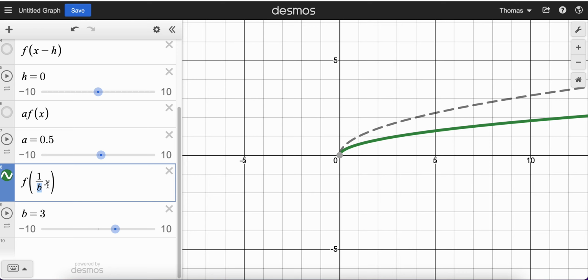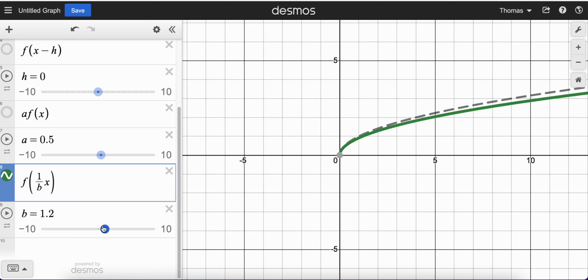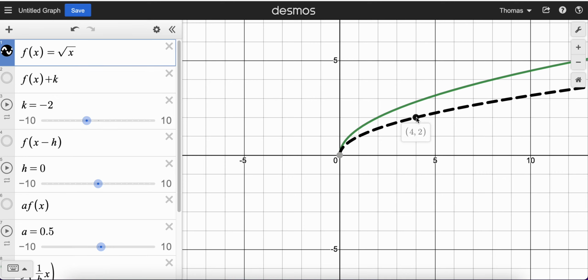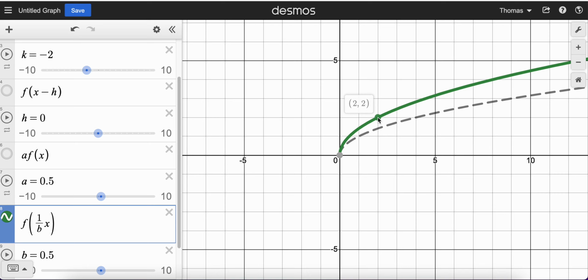That 1/3 leads us to a horizontal stretch by 3. We have a horizontal compression when that value inside the operation is greater than 1. 1 over, say, 0.5 is the same as 2. This would be a horizontal compression by 1/2. What used to happen when x is 4 now happens when x is 2.